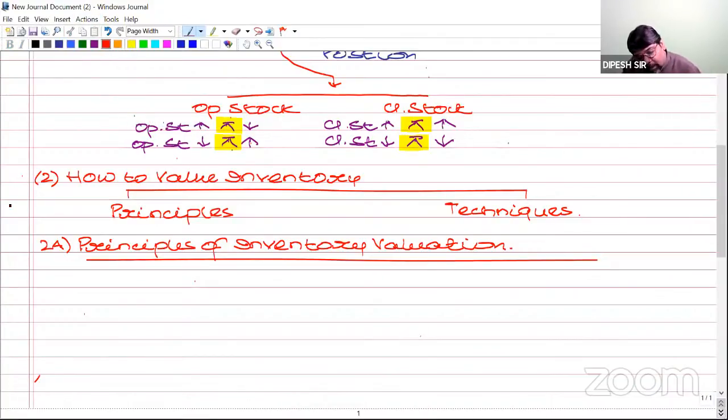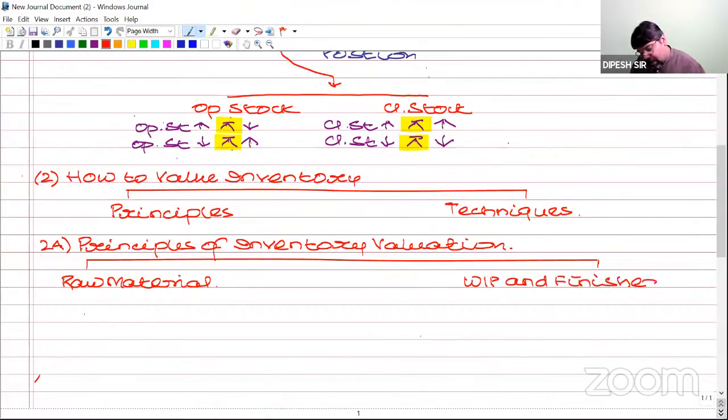So first, raw material. Second, work in progress and finished goods.